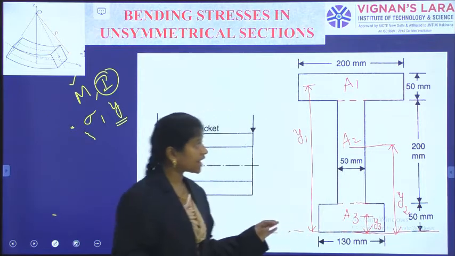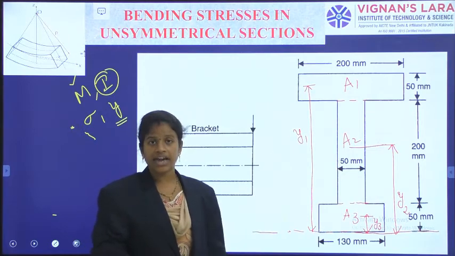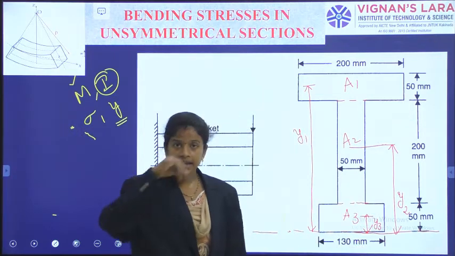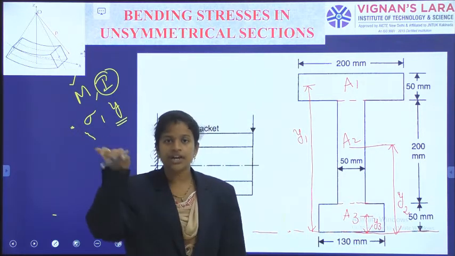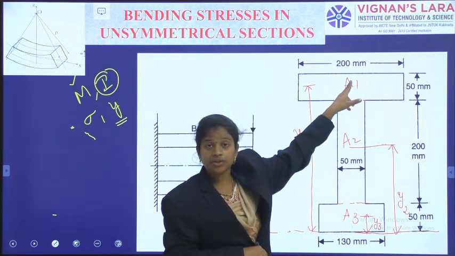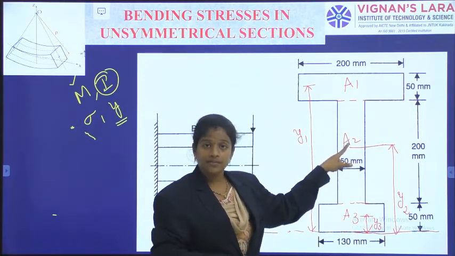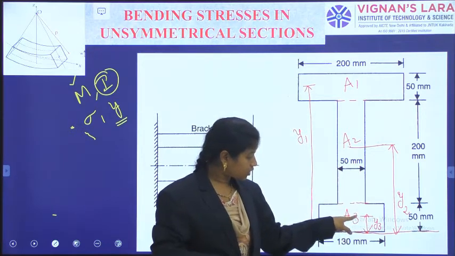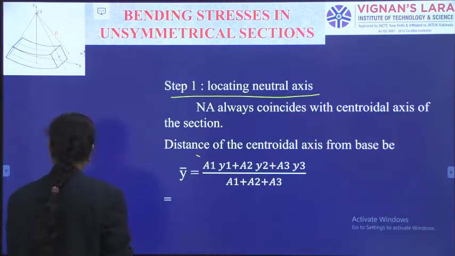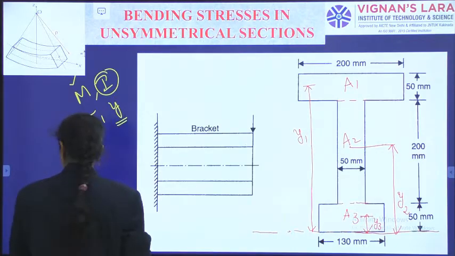In this way I need to indicate. Later I will get the location of the overall central axis: A1 Y1 plus A2 Y2 plus A3 Y3. Area is located at a point, and that area locating point we call the centroid. So area into the location of the centroid from the baseline; these distances I need to write. And the first thing is A1. What is A1? 200 into 50.